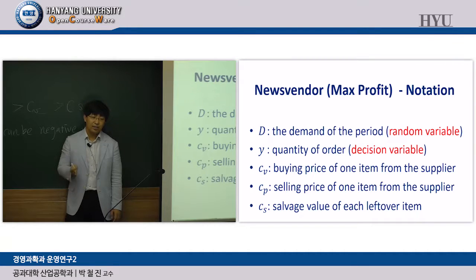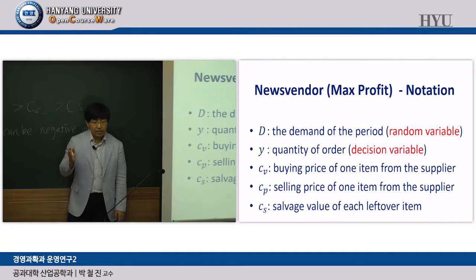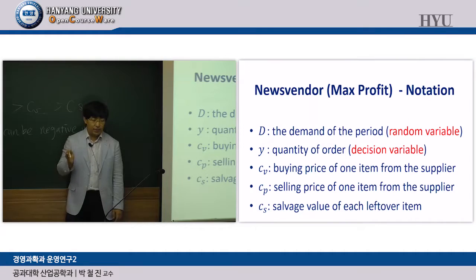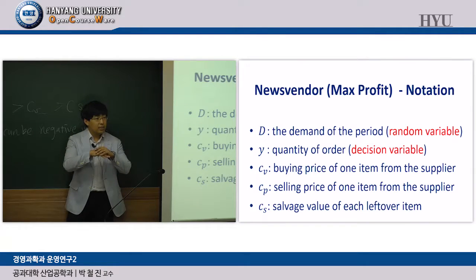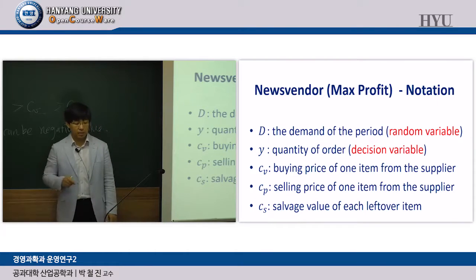And a negative value means we need to pay some amount of money to handle leftover items. And the thing is, C sub v, C sub p, C sub s are all constants. In the problem, as long as it is a number, it never changes. Okay?